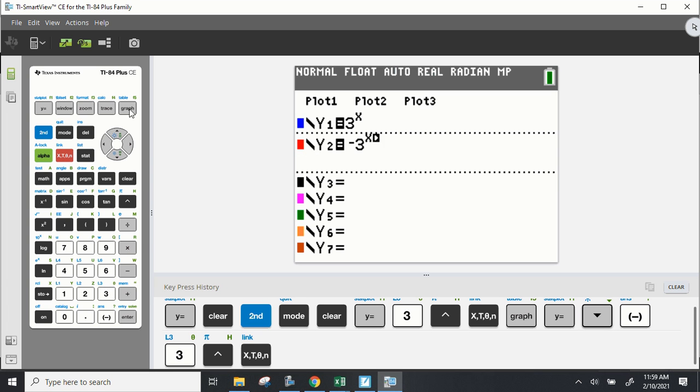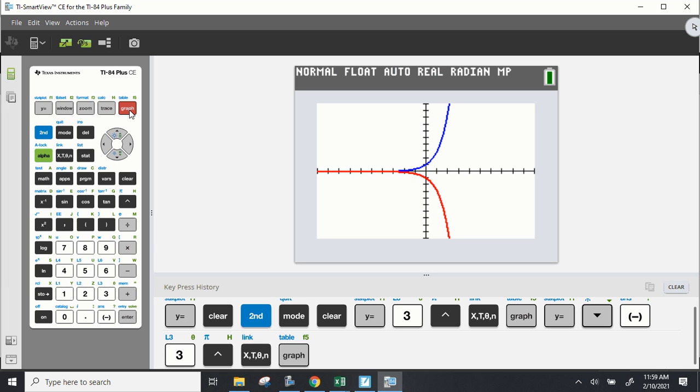So we're going to graph them both, and we'll notice that that negative sign caused a reflection about the x-axis. So what changed in this? What is the difference? Well, here we have a y-intercept at 0, 1, and this one changed our y-intercept to 0, negative 1.